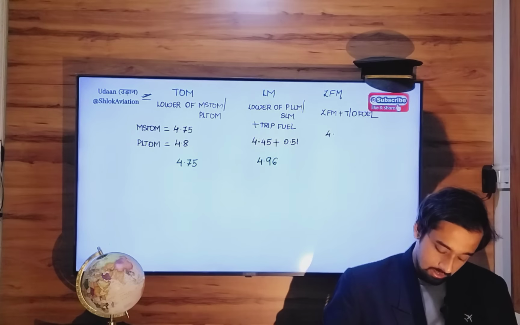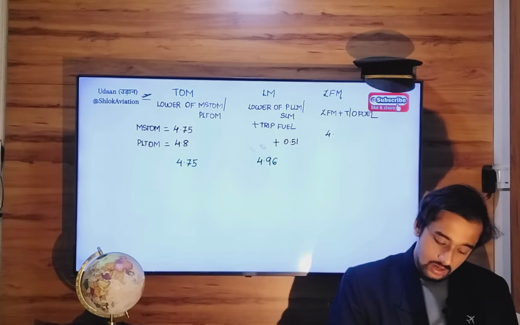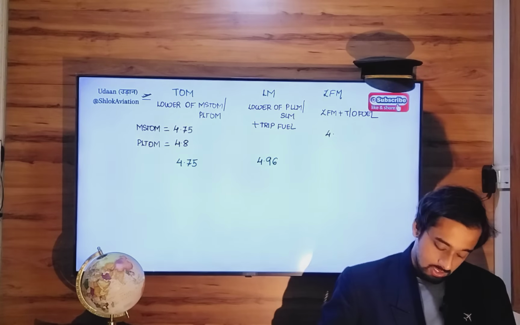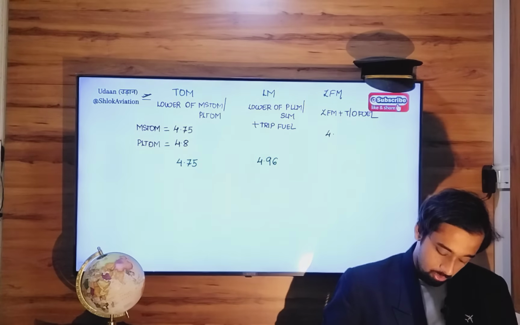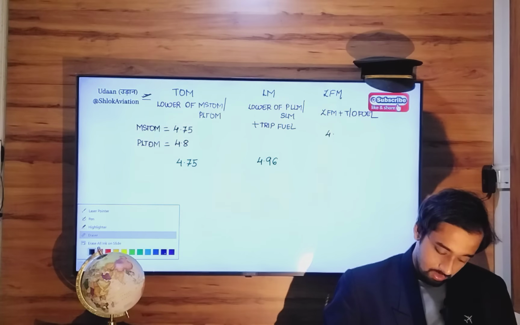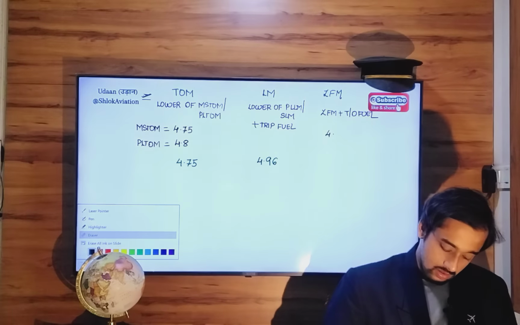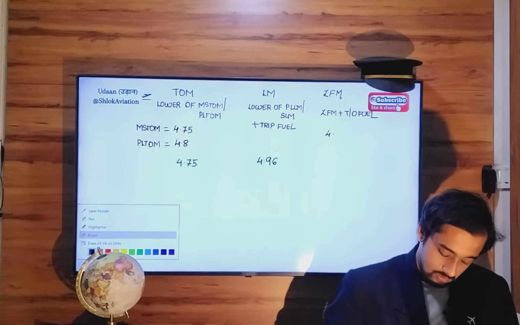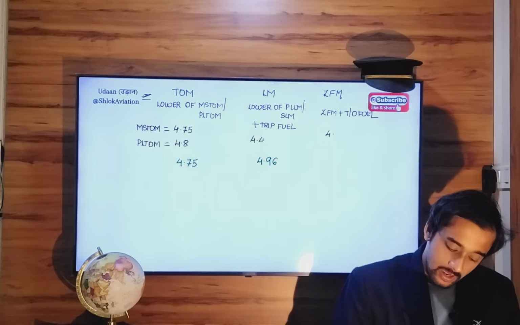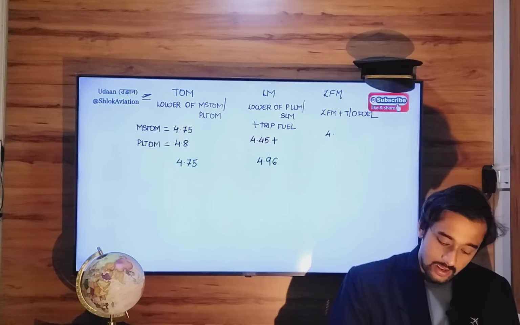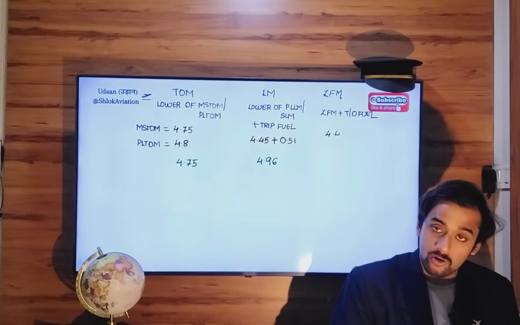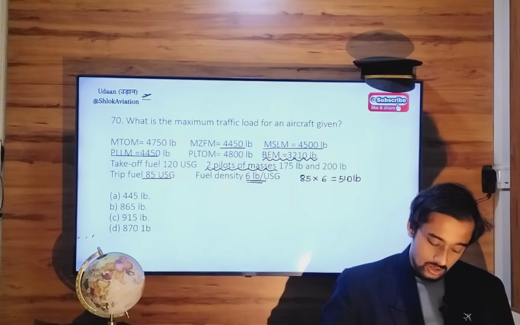Okay, so correction. Here I took zero fuel mass value, so it should be, sorry, it was right, 4.45, 4.45 plus takeoff fuel or fuel on board.